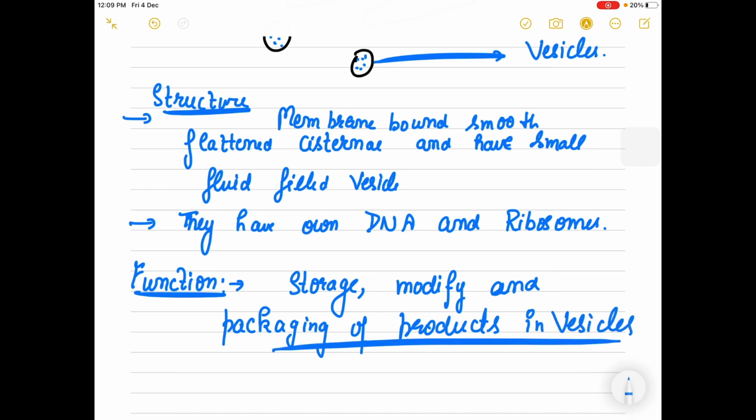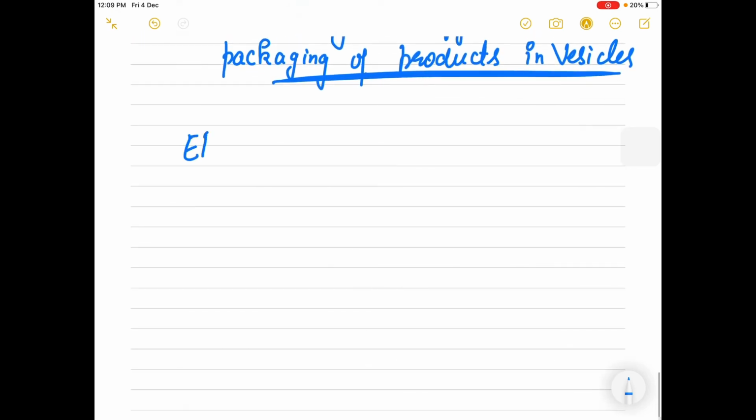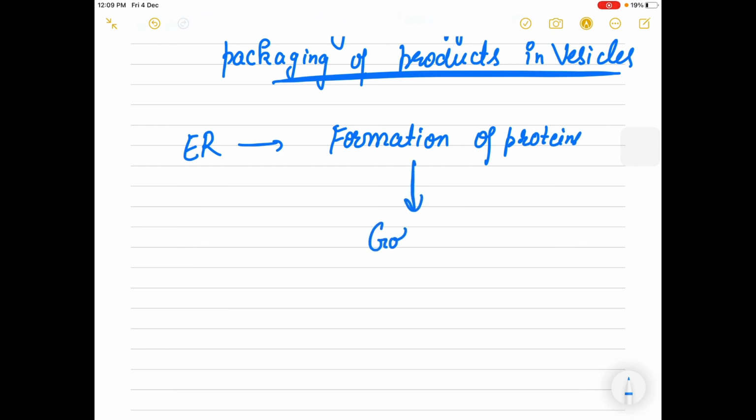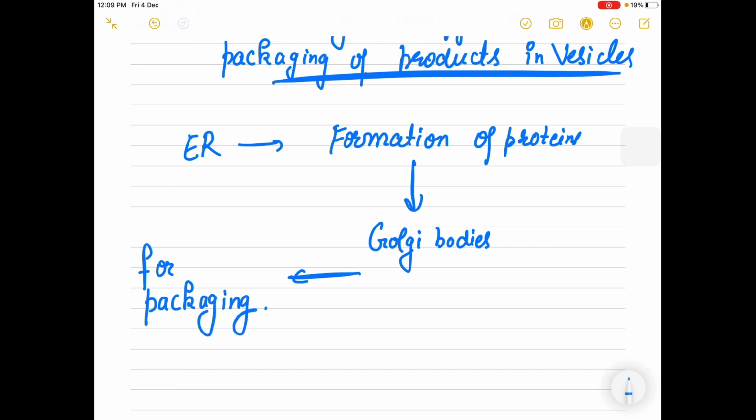So basically the formation of proteins happens in the ER, right? Then they are sent to your Golgi bodies. Why do they send these proteins to Golgi bodies? For the packaging and the modification, they send it to the Golgi body.